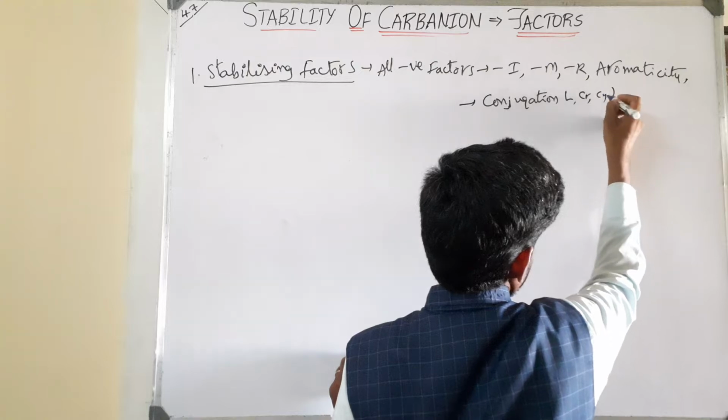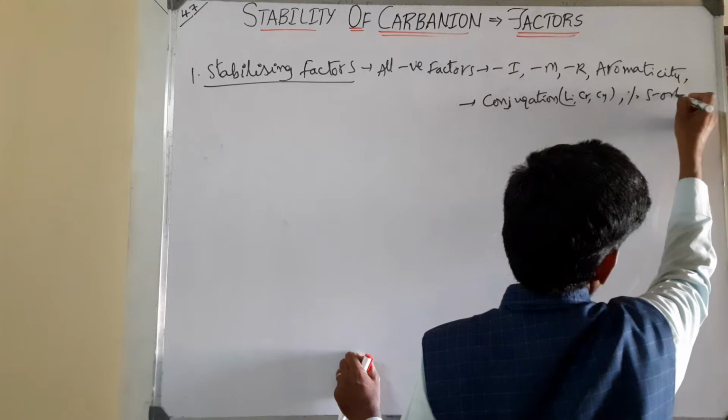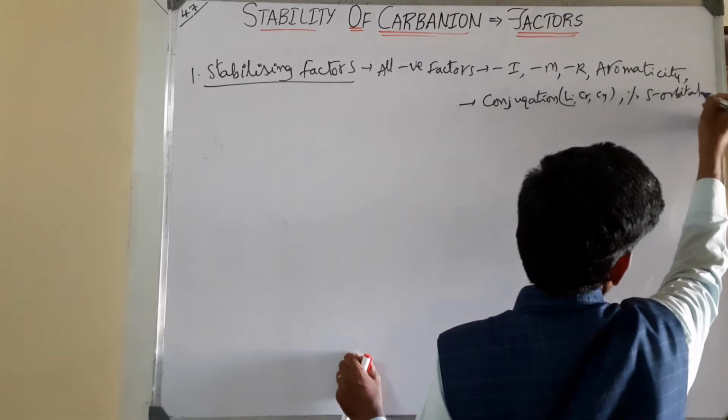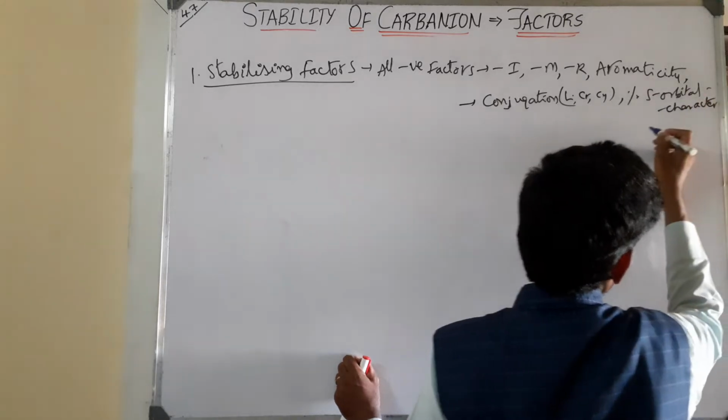Right. Next one, percentage of s orbital character. Right. Okay.